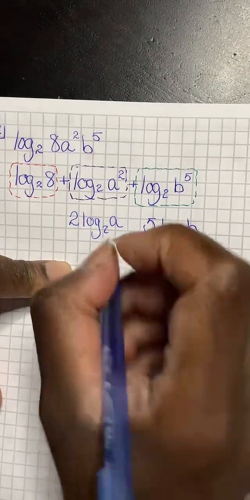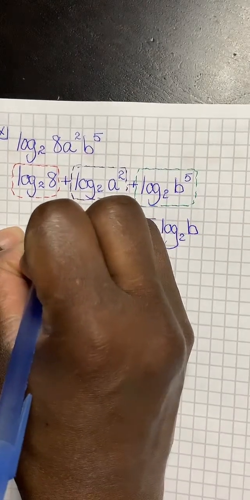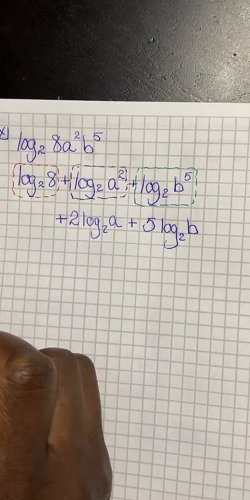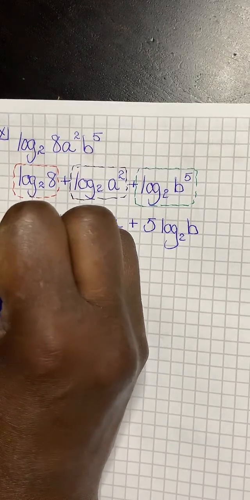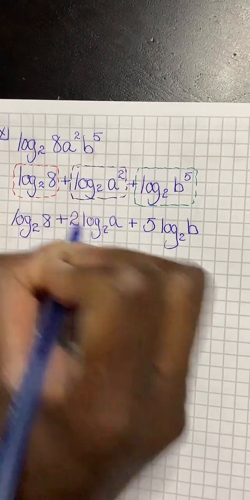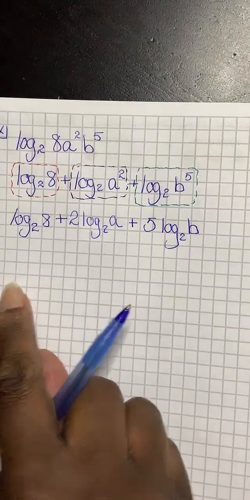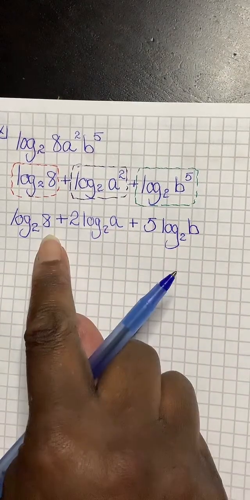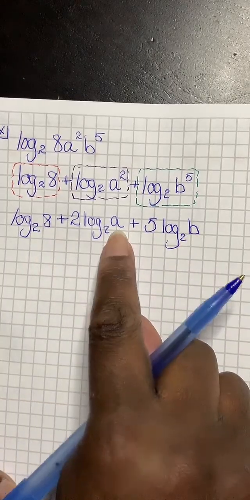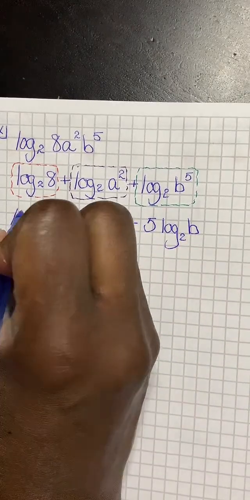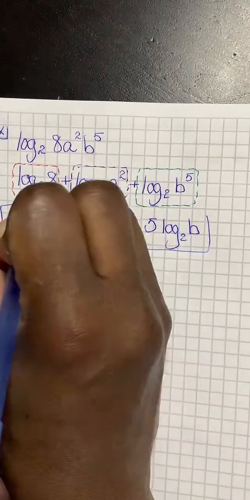Now I got to drop the plus sign in between, and I'm just going to drop my log base 2 of 8. Okay? So now, there's no more exponents. I got an a, a 2, an 8, an a, and a b. So this is as low as I could go.